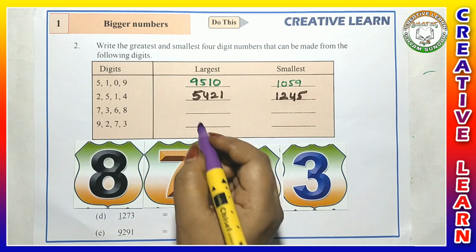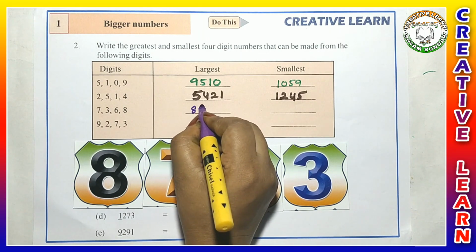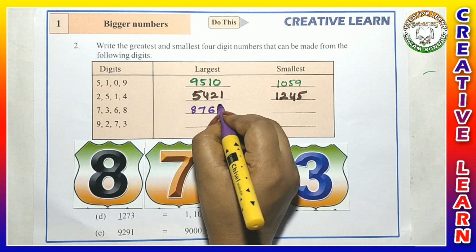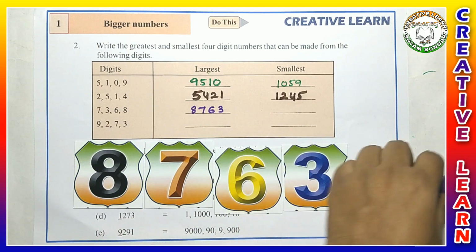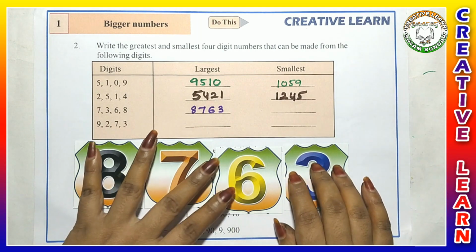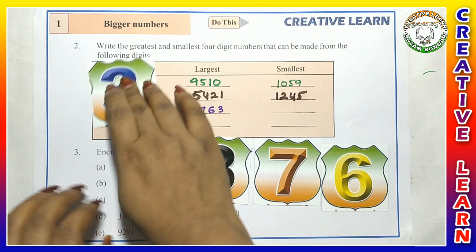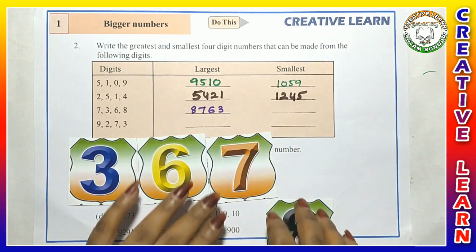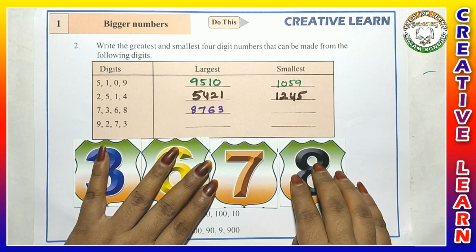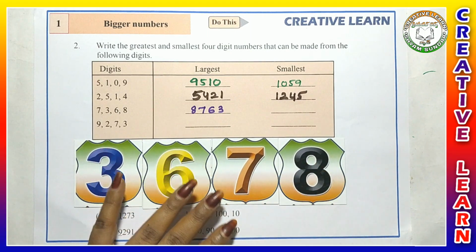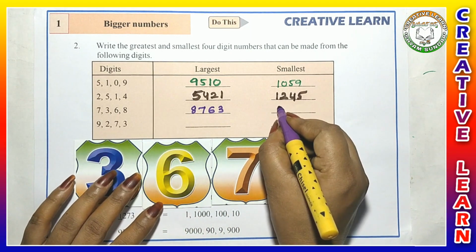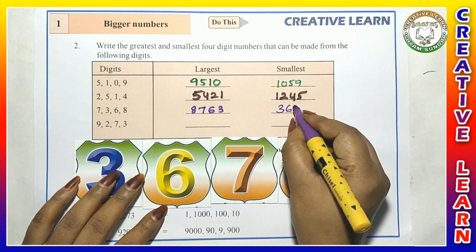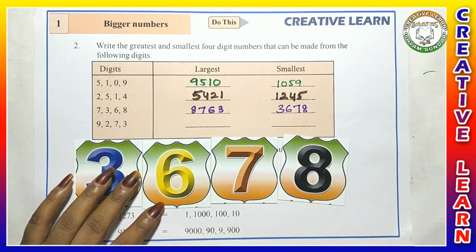What is the number name? 8763. To get the smallest number, we have to take from small to big. Means 3, 6, 7 in the tens place, and the last 8 in the ones place. So what is the number name? 3678.